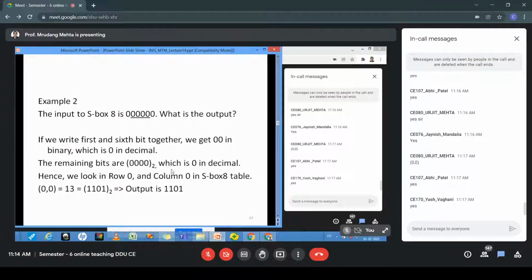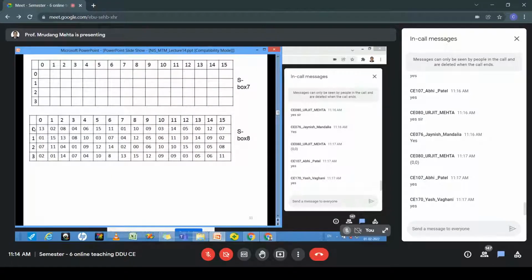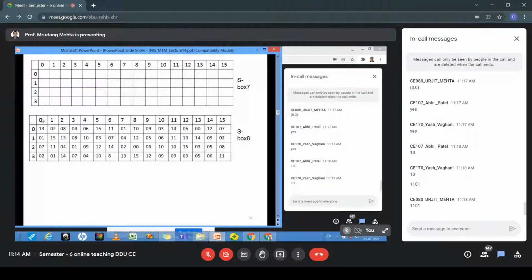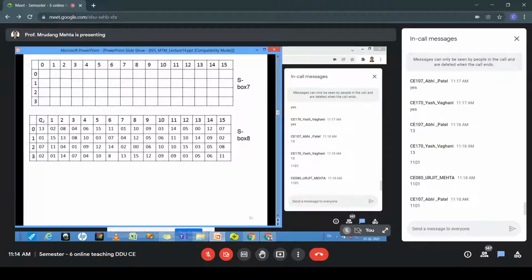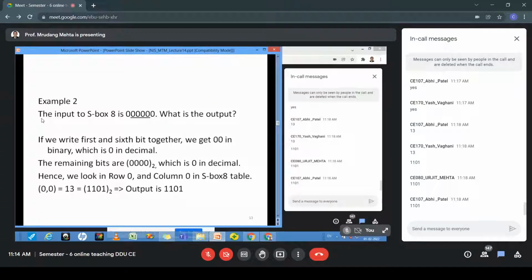So row 0, column 0, in S box 8. You can see S box 8 has row 0, column 0. What is the value? Now, what is the binary equivalent of 13? So that is the output. Clear?